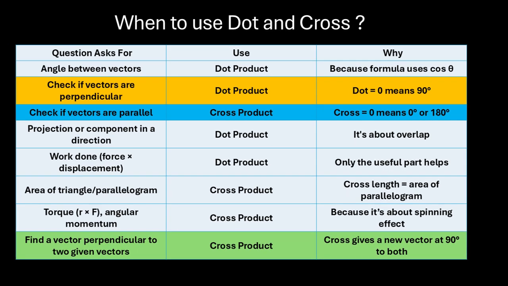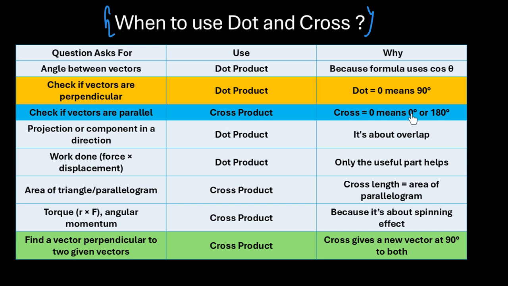Now, coming to our interest here. What is our area of interest? How do we differentiate between the use of dot and cross product? If the vectors are perpendicular, usually we go for dot product. Why? Because dot equal to 0 means theta is 90. If the vectors are parallel, we use cross product. Why?